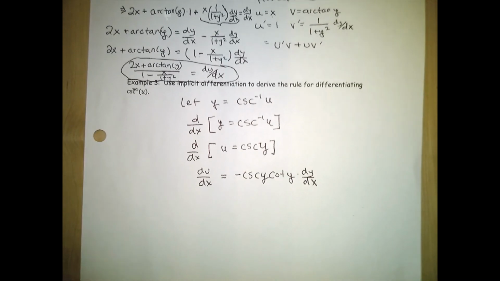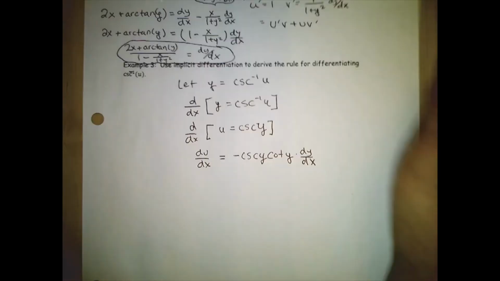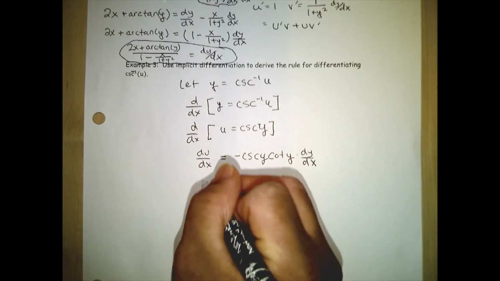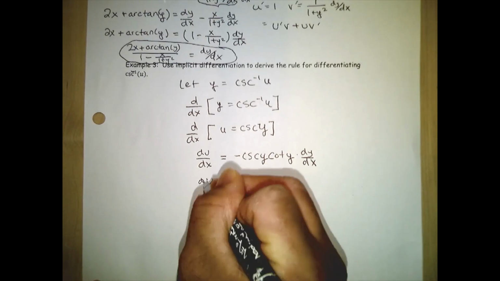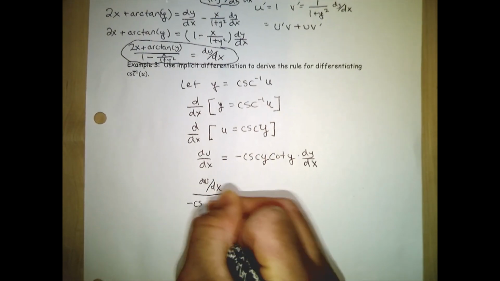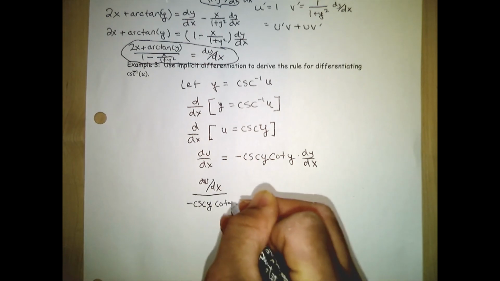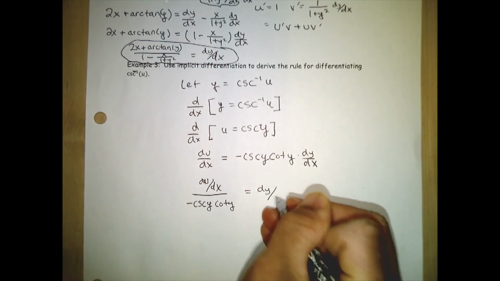And now I can solve for dy dx. So that is du dx all over negative cosecant of y, cotangent of y, equals dy dx.